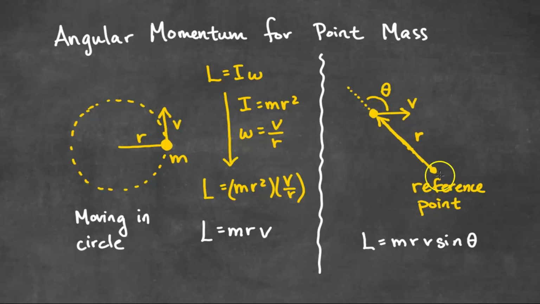And this reference point is important because depending on where the reference point is, that's going to affect how much angular momentum that object has. v is going to be the speed of the ball, if you're looking for the magnitude of the angular momentum, times sine theta. And sine theta, that angle right there, is the angle between the r vector, or the position vector, and the velocity vector.